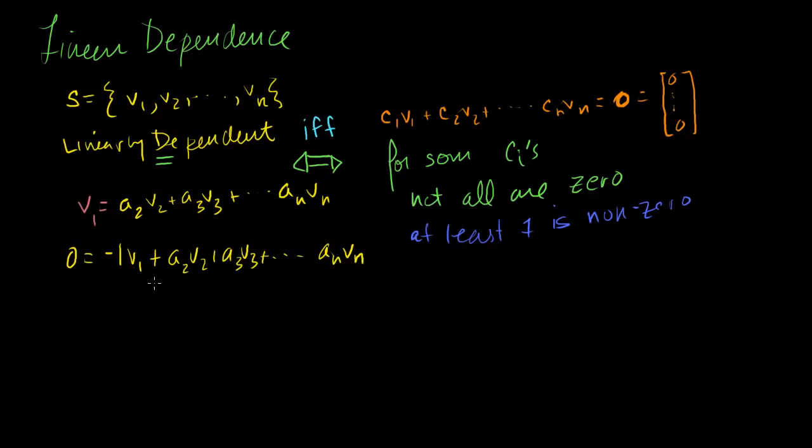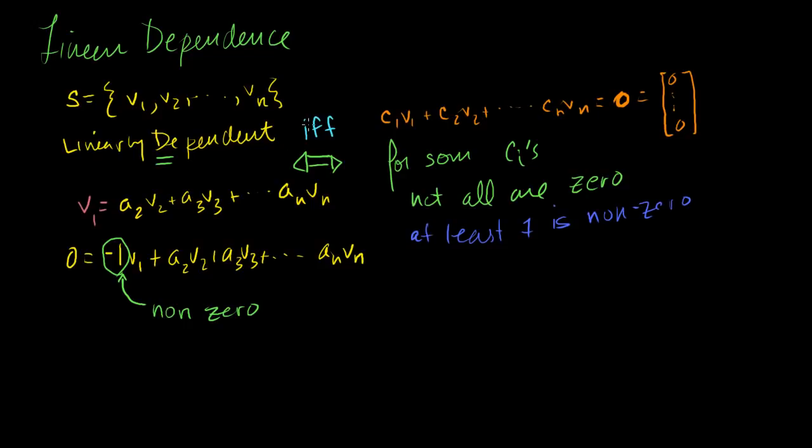That means I can represent this vector as a sum of the other vectors, which means that minus 1 times v1 plus some combination of the other vectors is equal to 0. So I've been able to satisfy this equation, and at least one of my constants is non-zero. So if I can represent one of the vectors by some of the other ones, then this condition is definitely going to be true.